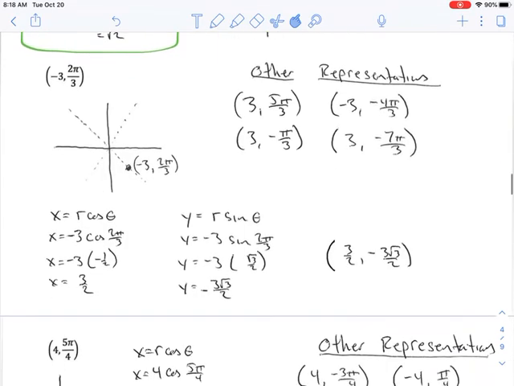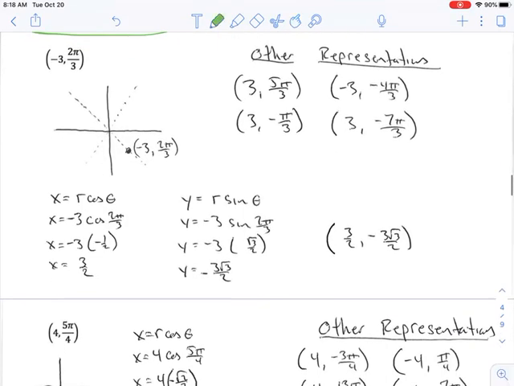So let's take a quick look at a couple more examples, and I'll let you look at it in more depth on your own. So we have a point with a radius of negative 3 and 2 pi over 3. So 2 pi over 3 is going to be up here because 3 pi over 3 would be at pi.